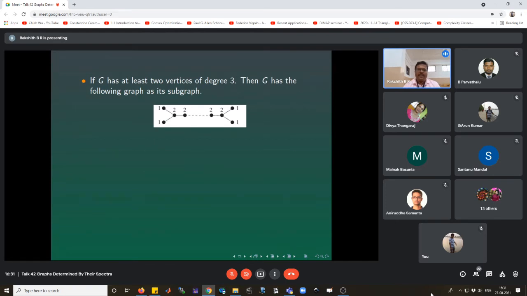Note that if it has at least 2 vertices of degree 3, then clearly G has this graph as its subgraph. Again, this is not possible.